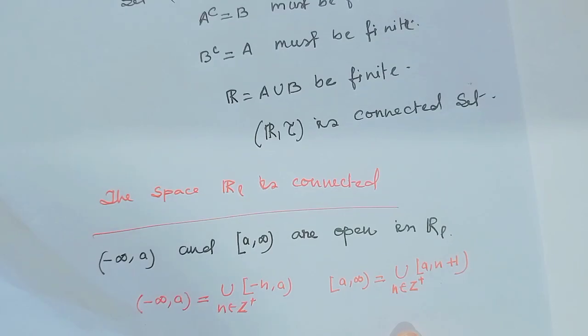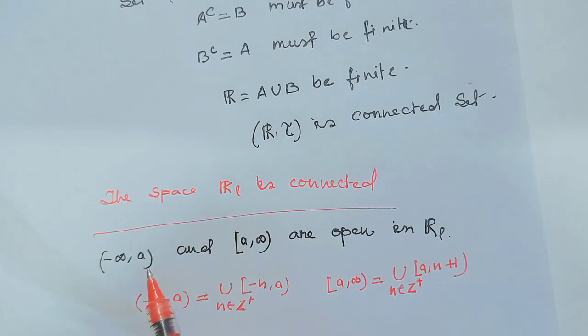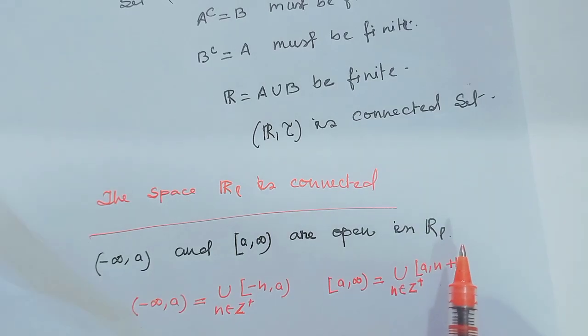Now I will say the space R_L is connected. Why? (-infinity, a) and [a, infinity) are open in R_L. Why is this open in R_L?